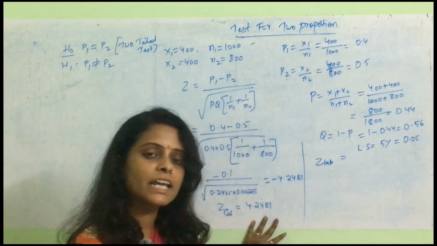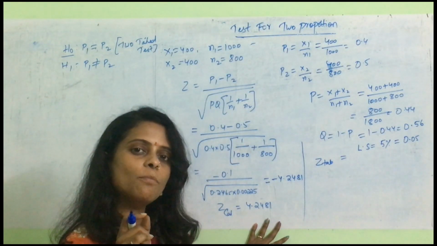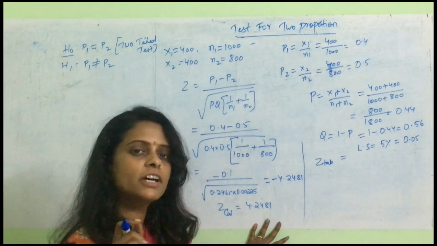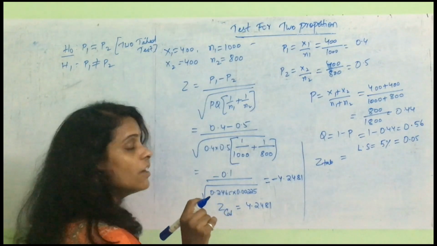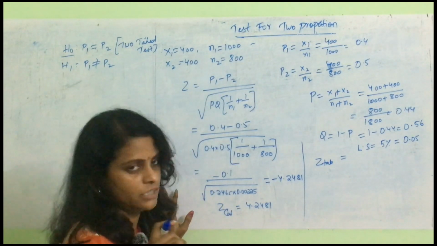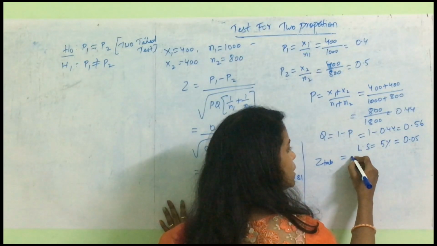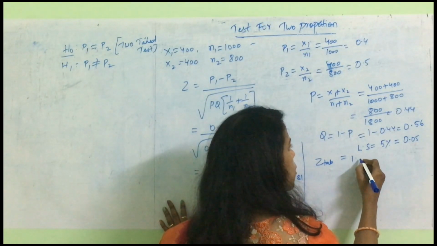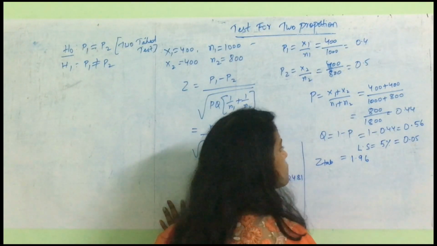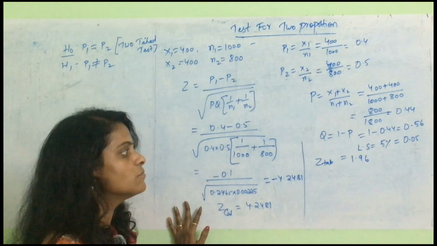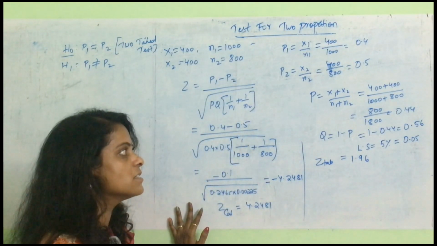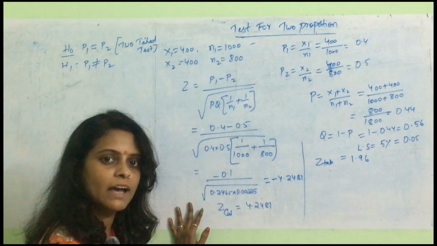In that table, check at 0.05 and for a two-tailed test. I'm writing the value here, the Z table value is 1.96.